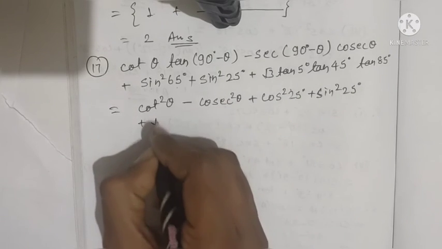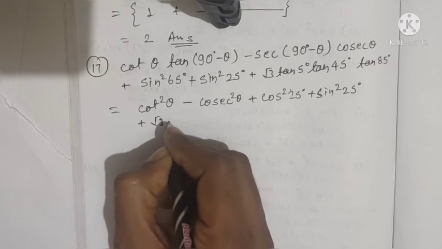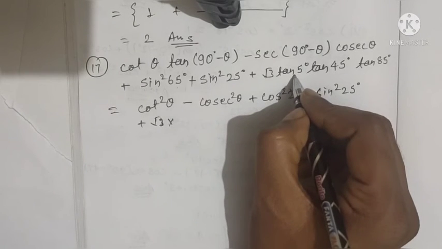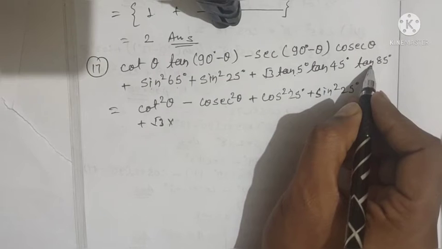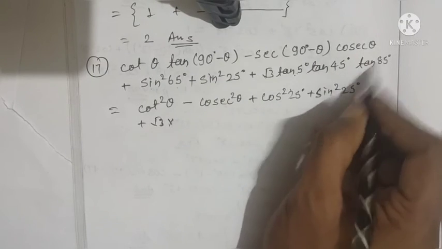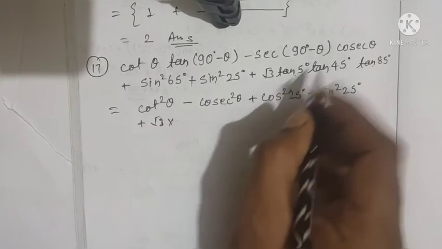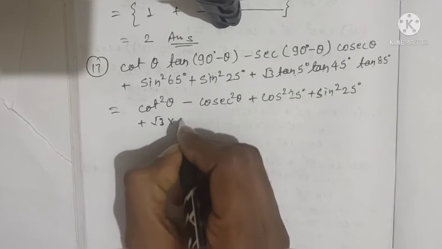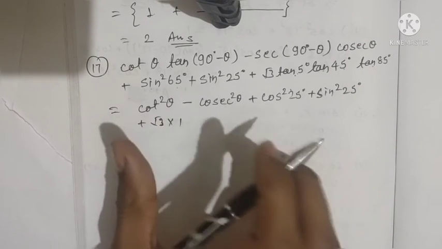Plus root 3 into tan 5 degree, which is equal to cot 85 degree, and cot 85 degree is the inverse of tan 85 degree, so they cancel each other, and tan 45 degree is equal to 1. Simple.